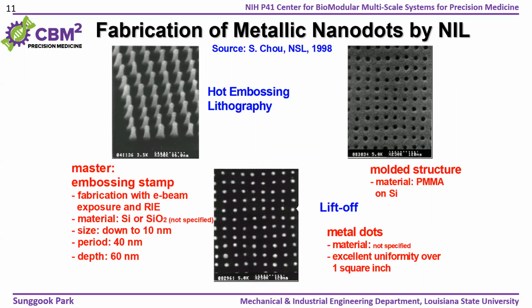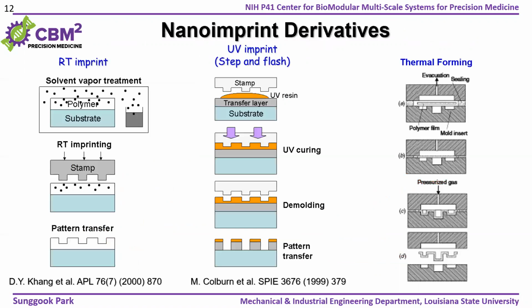Basically, they used molds made in silicon oxide to replicate the patterns into PMMA. And then into these holes they deposited metal, and then they removed the PMMA, so that they did the lift-off process to produce metal dot structures. This is the initial work on nano imprint lithography.